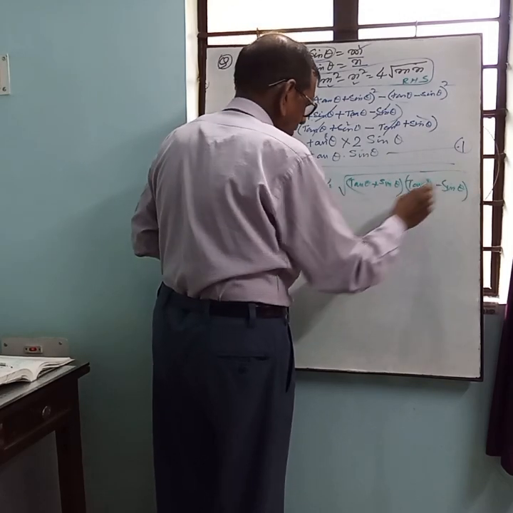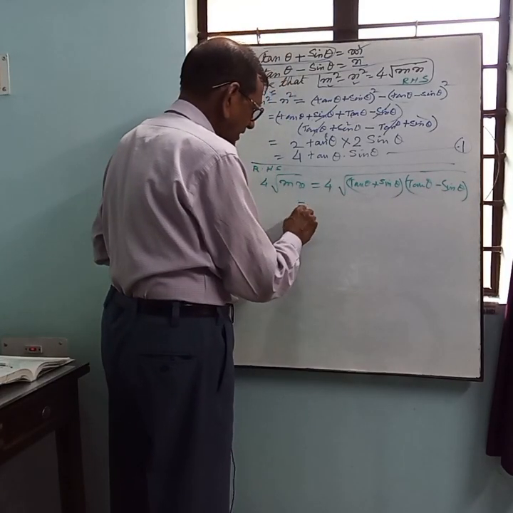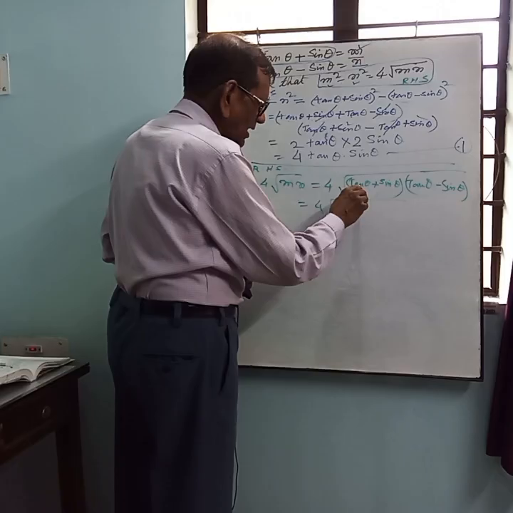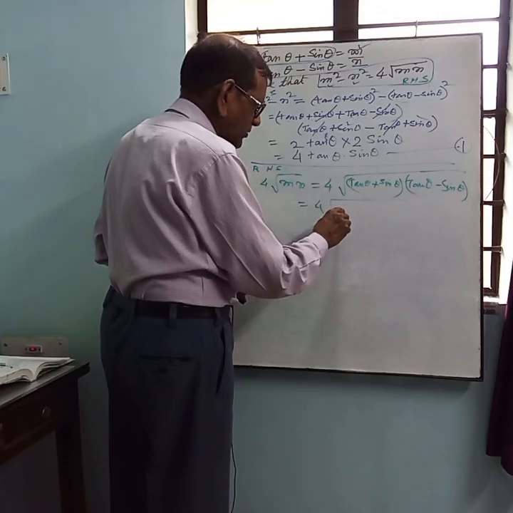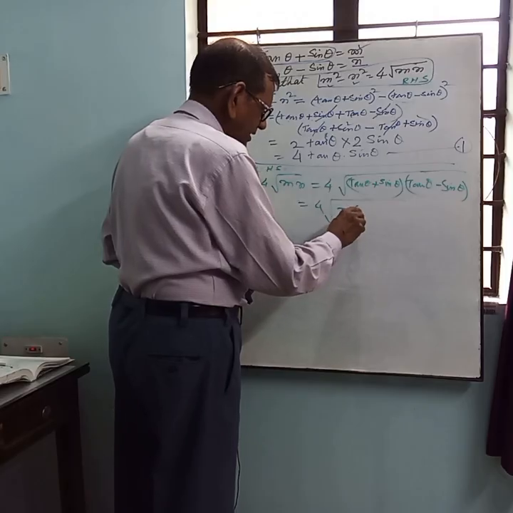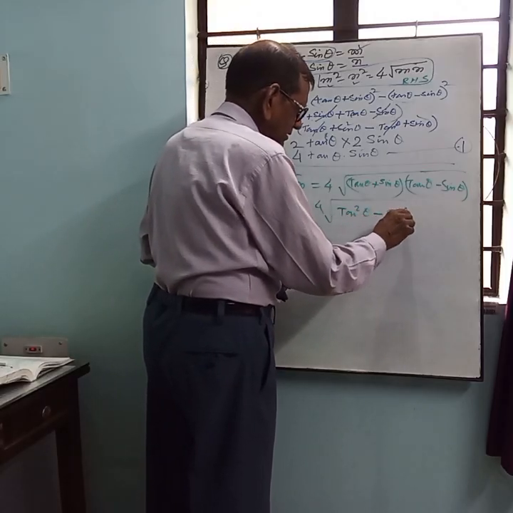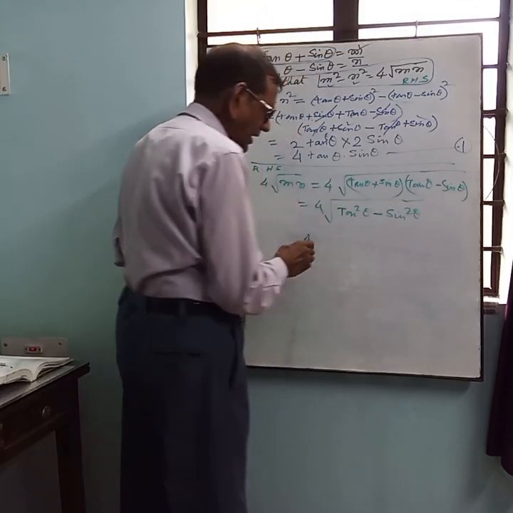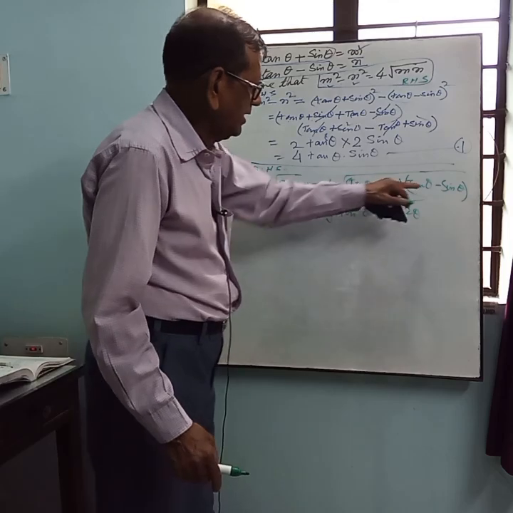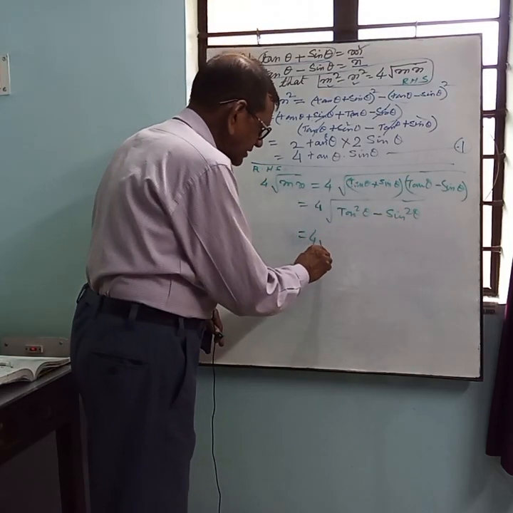Okay, now here it is a plus b, a minus b, so we can write 4 under root a square minus b square, a plus b, a minus b, tan square theta minus sin square theta. Now keep 4 as it is.